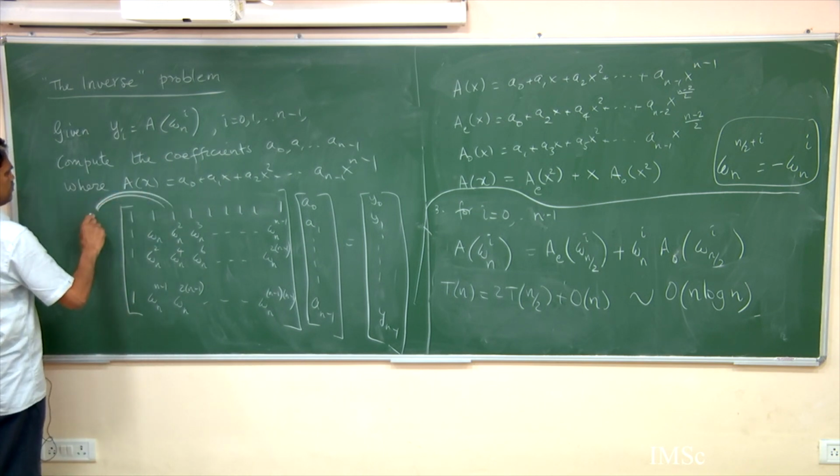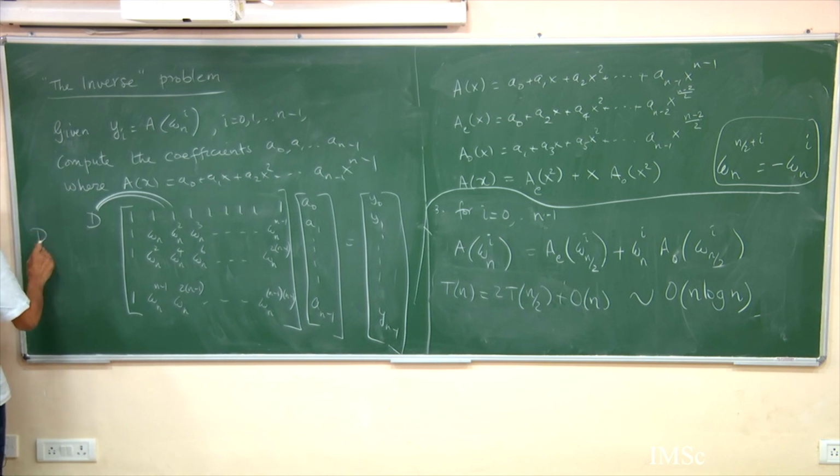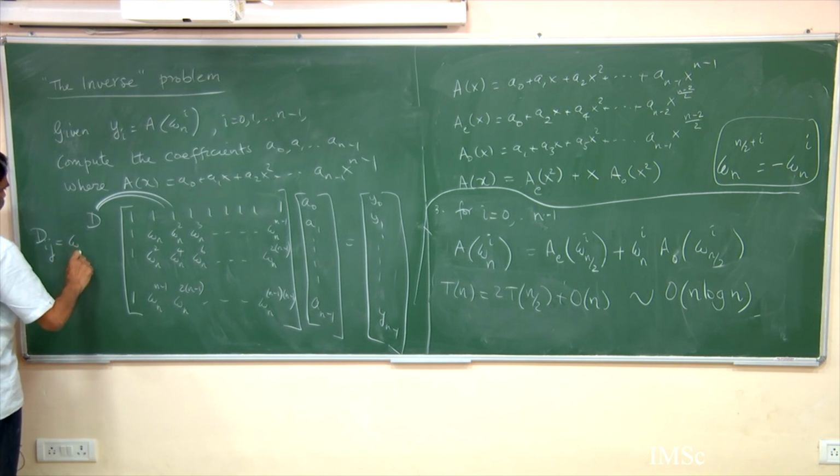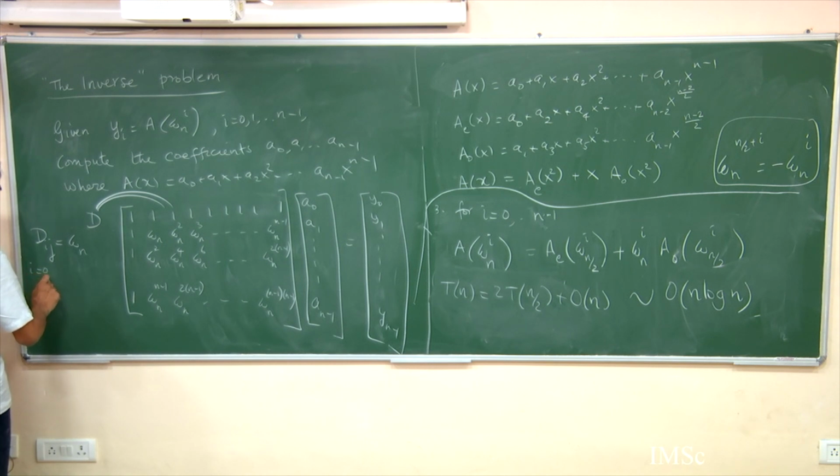Let's call this matrix D, where what is D_ij? i goes from 0 to n minus 1, j goes from 0 to n minus 1.